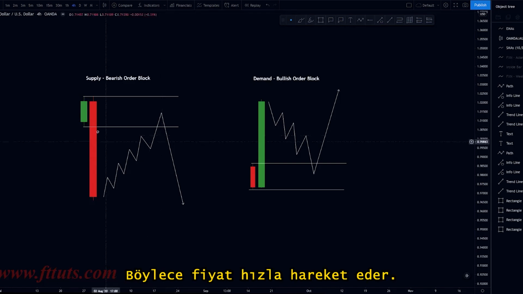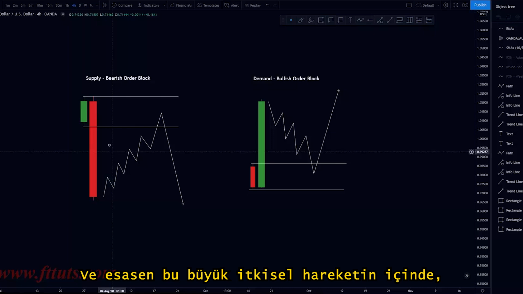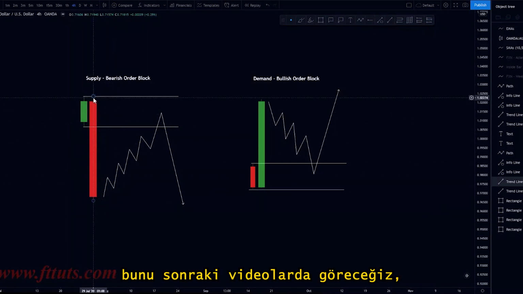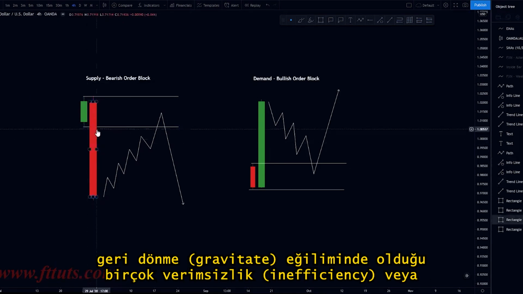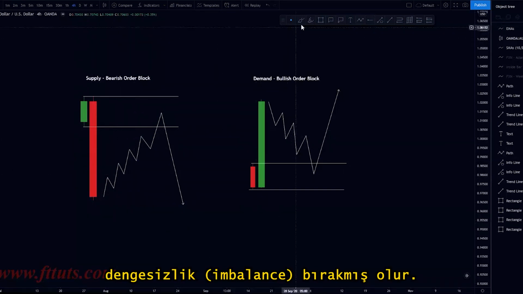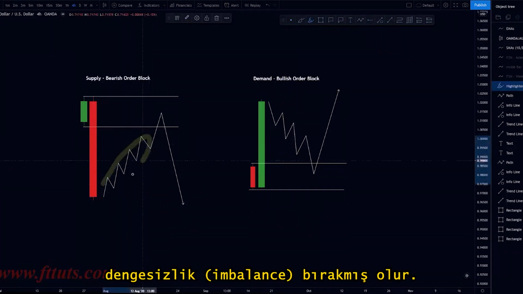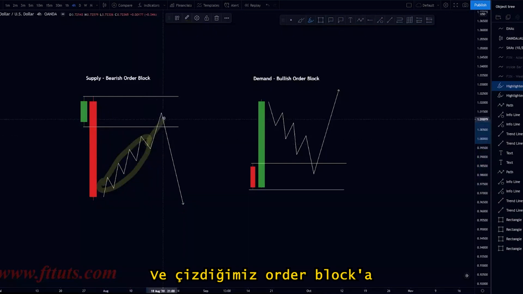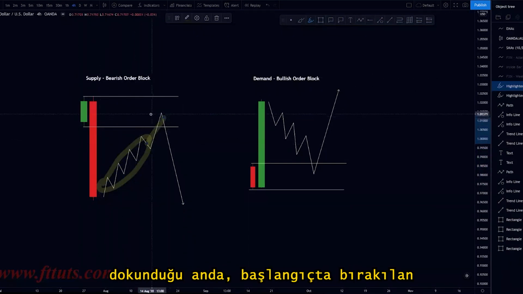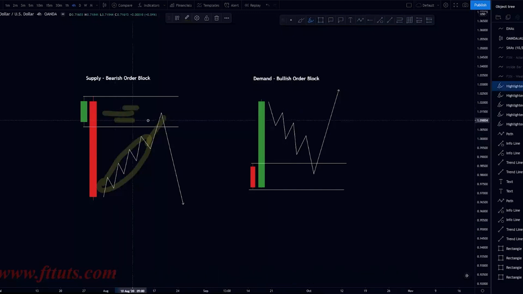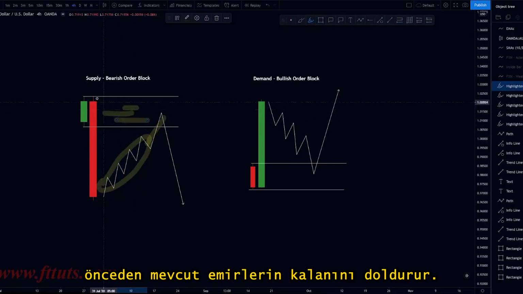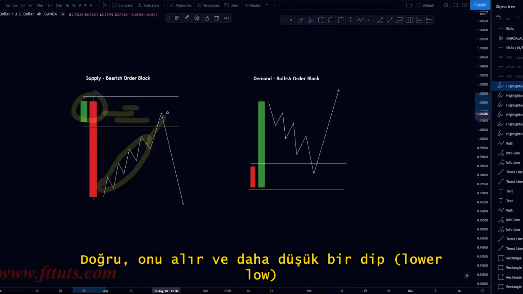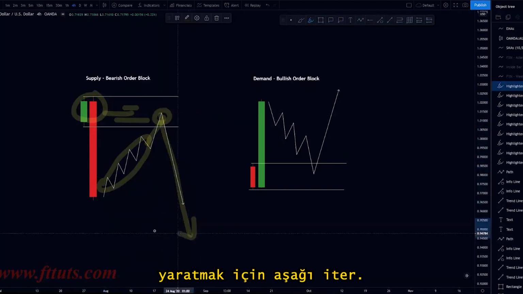So price rapidly moves, and within this big impulsive move, we'll see this in subsequent videos, this would have left a lot of inefficiency or imbalance in the market, where price tends to gravitate back to in a corrective manner. As soon as it taps into the order block that we have drawn, it fills the remaining pre-existing orders that were left initially, grabs them, and then pushes lower to create a lower low in this case.